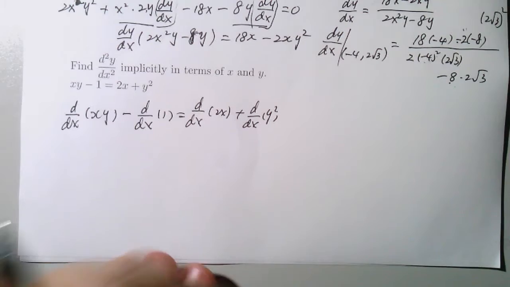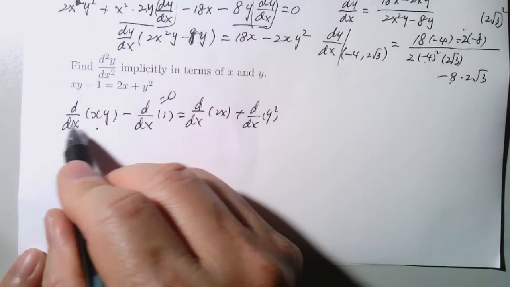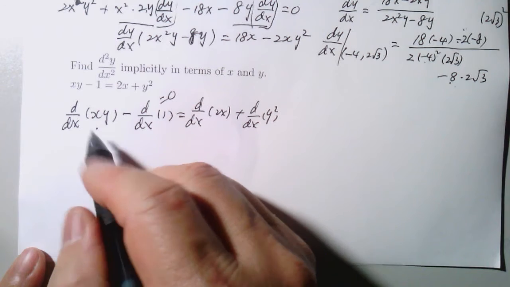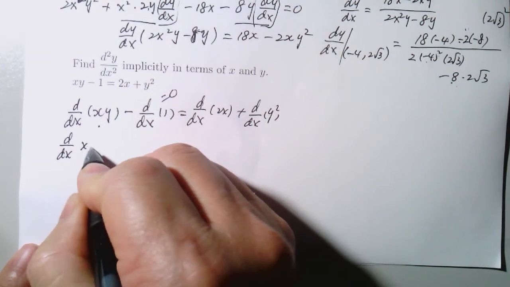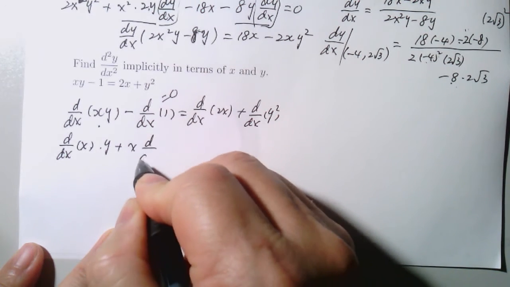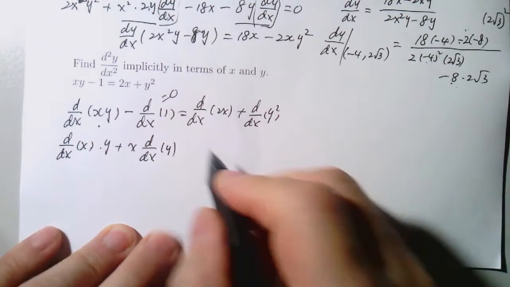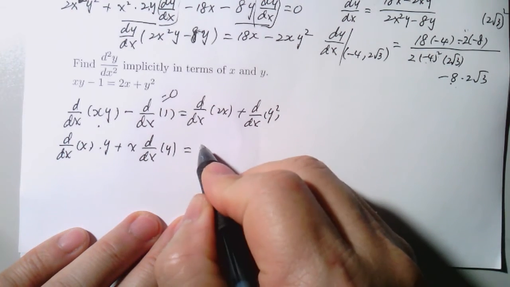This constant's derivative is equal to 0. So that's xy, which means I still need to use the product rule. Here I have d/dx of x times y, plus x times d/dx of y, and equals 2x, whose derivative with respect to x is simply 2.